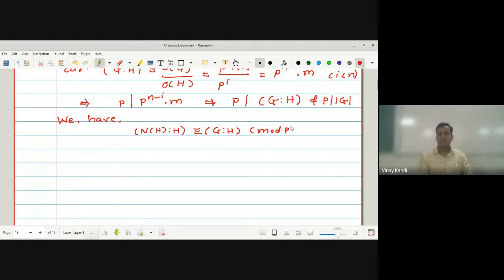Okay, we have this theorem, which implies that p divides index of H in G minus index of H in N(H). Okay, any doubt up to here?